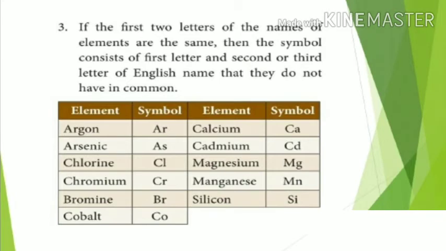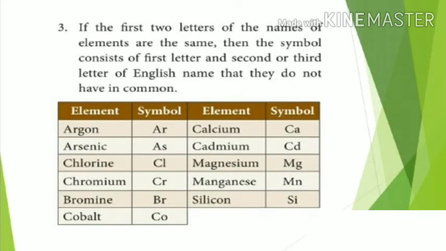So for argon the symbol is Ar, that is the first and second letters, and for arsenic the first and third letters are used as the symbol, As. Some other examples for this case are given in this table. You can see chlorine, chromium, calcium, cadmium, magnesium, manganese, silicon. So these are some other examples of this case.